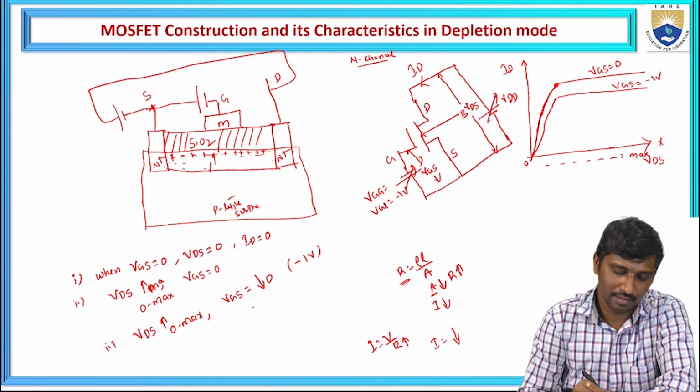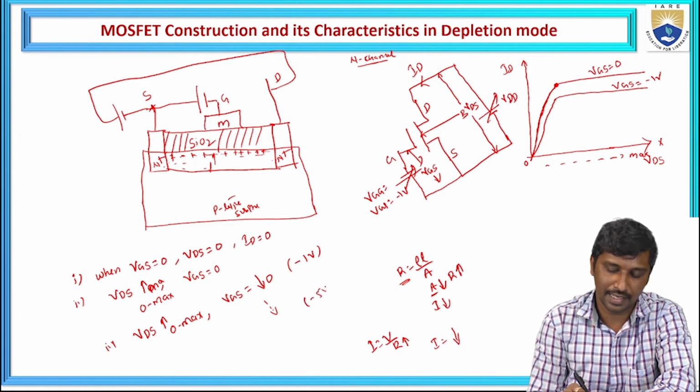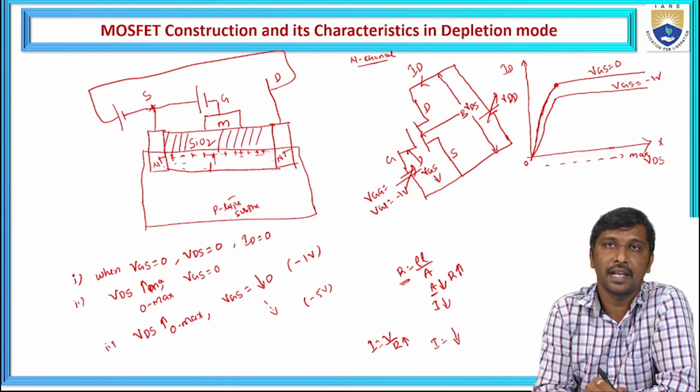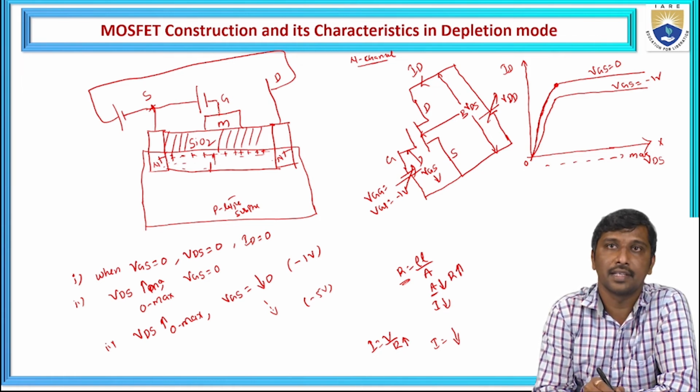Similarly, as we go on reducing VGS, suppose I take minus 5 volts. Here I apply a more negative voltage across the gate terminal.